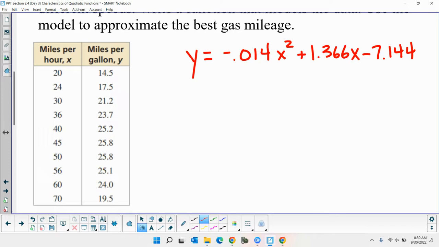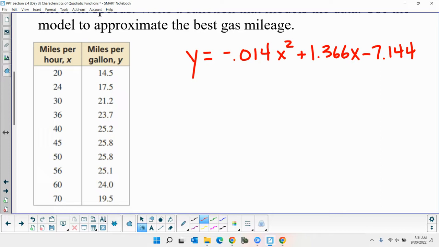right? And as you can see, if you're going 20 miles per hour, you're getting 14.5 miles per gallon. As you get a little faster, 45 and 50 were the two highest that you saw. It's probably between 45 and 50. Okay? So to find the vertex, what form is this equation in?